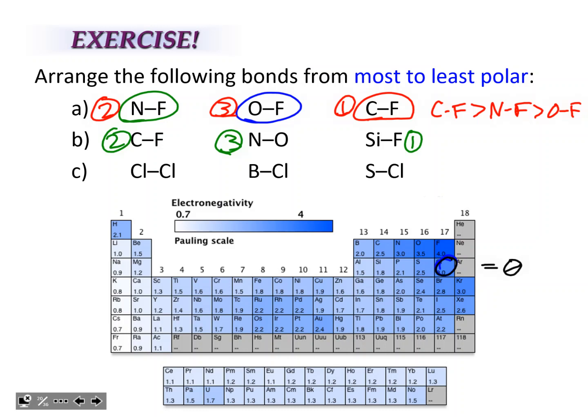Okay, so boron to the chlorine over here, and then we have the sulfur to the chlorine. So the greatest is going to be boron to the chloride, then the sulfur to the chloride, and then of course ClCl is going to be the least polar. Actually, it's not polar at all by any means.